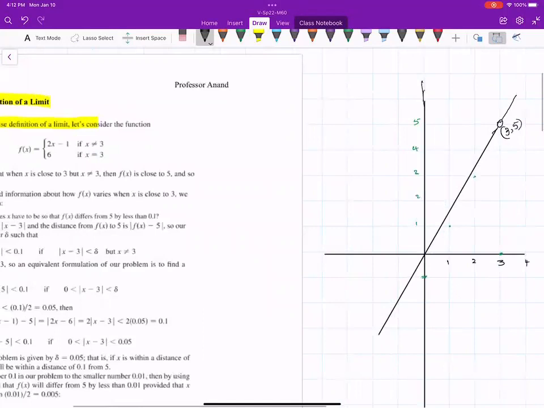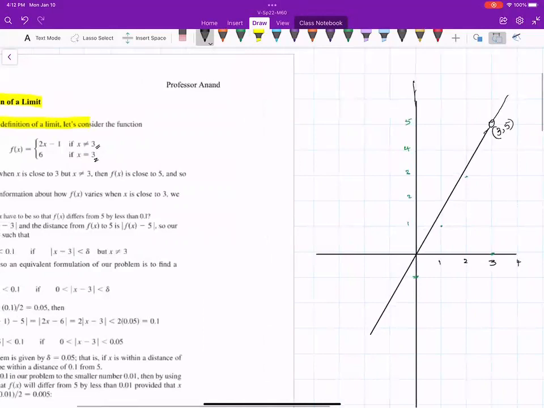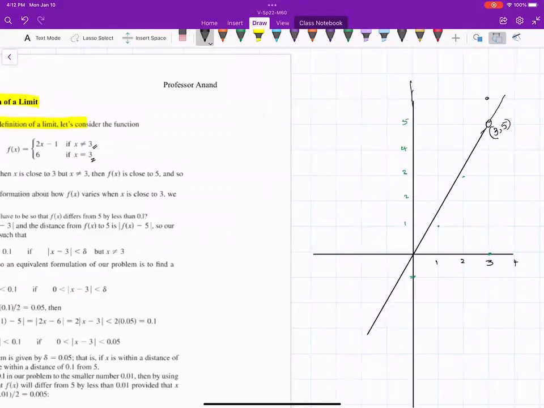Whenever x is not equal to 3, it is defined as a straight line with the y-intercept -1 and the slope 2, but at x equal to 3, it is 6. At the point 3, it is actually a solid point whose coordinates are 3, 6.